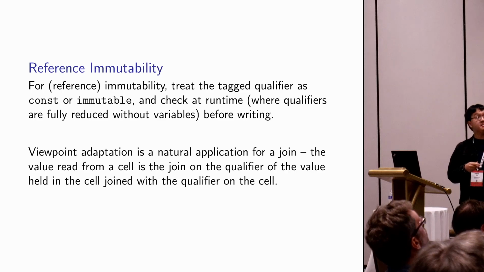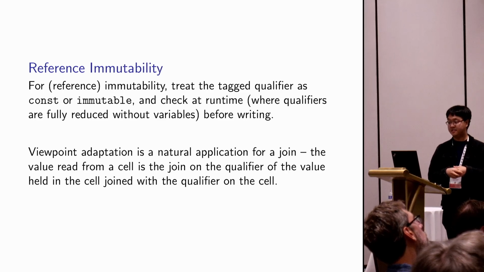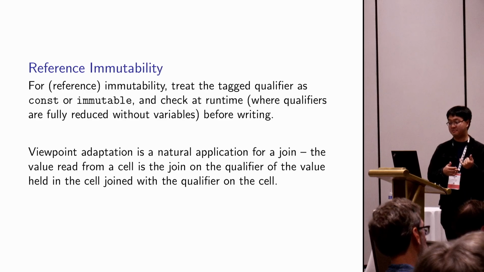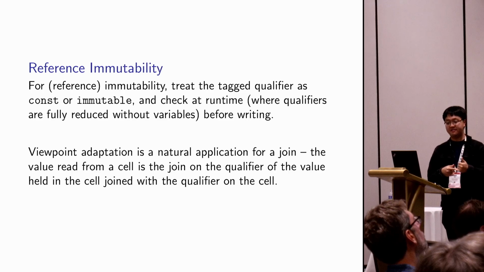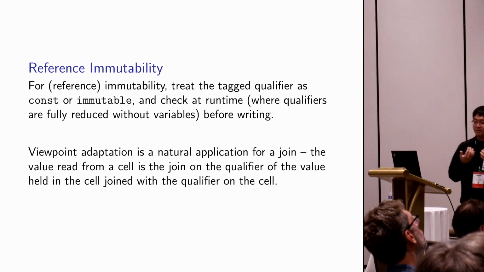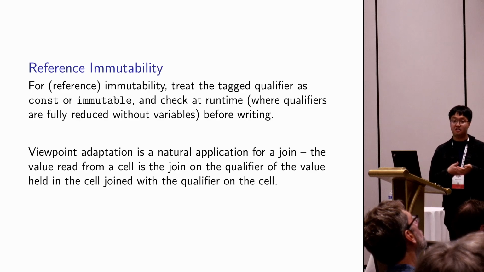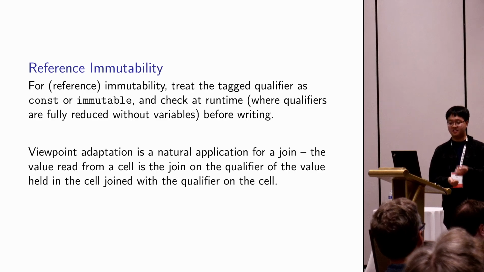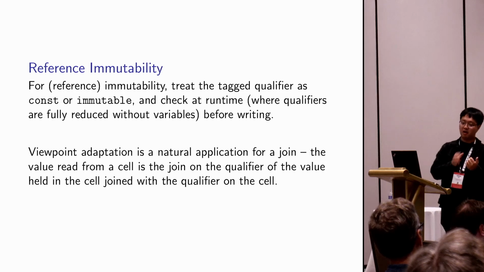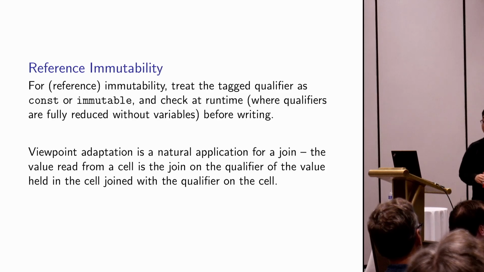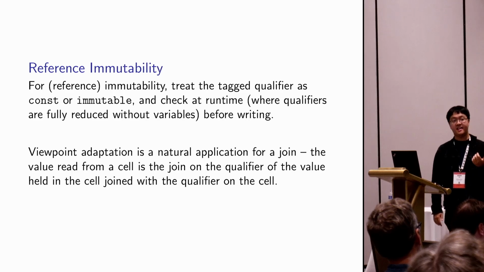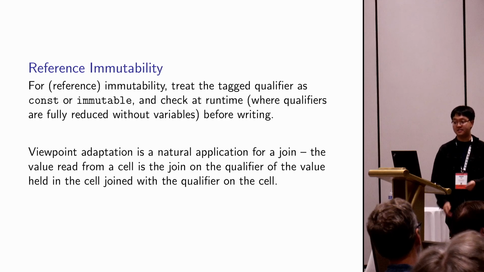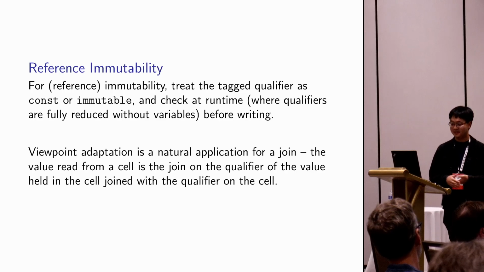So we can use the system to deal with polymorphism and reference immutability by using the lattice join to adapt the qualifier on a value read from a cell or a record, whether or not it be polymorphic, on the outside reference itself. And to give it some meaningful soundness properties, we'll just read the qualifier tag on the value to check at runtime whether or not you can write to it.